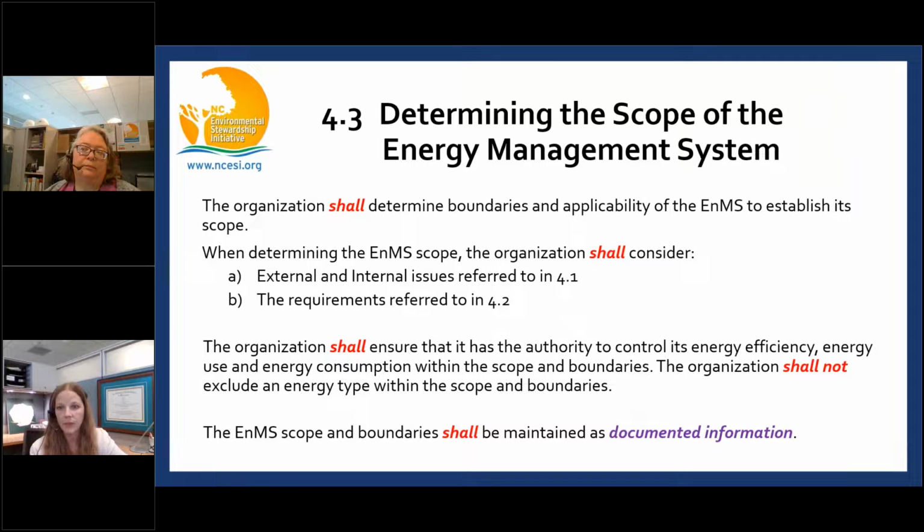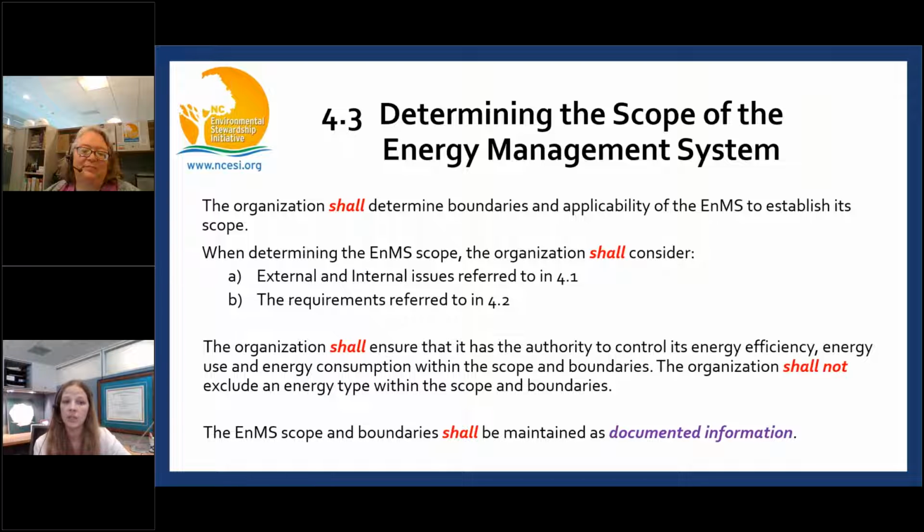Okay, so determining the scope is 4.3 of your ENMS. The organization shall determine boundaries and applicability of the ENMS to establish its scope. When determining an ENMS scope, the organization shall consider external and internal issues, that was 4.1, and the requirements referred to in 4.2.